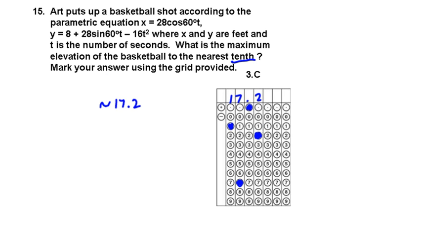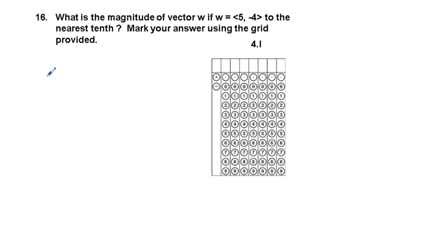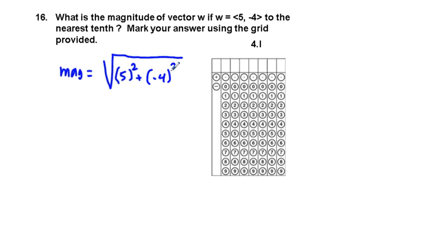So that would be 15, 16. What's the magnitude of vector W if W equals 5, -4 to the nearest tenth? Well, our magnitude for this, and we did this earlier, I think in problem 3, is just to take this 5, square it, plus -4 squared. So we're just taking this 5, putting it right in here, and taking this -4, putting it right in here.